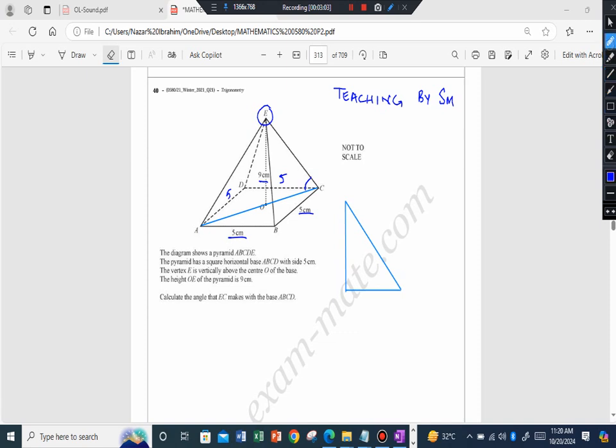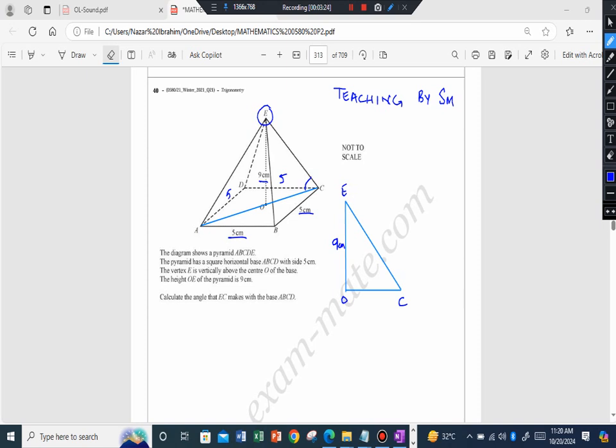So this is E, this is O, and this is C. What we have, first let us see that we have OE, which is 9 centimeter, and we don't have EC, we don't have OC, right?